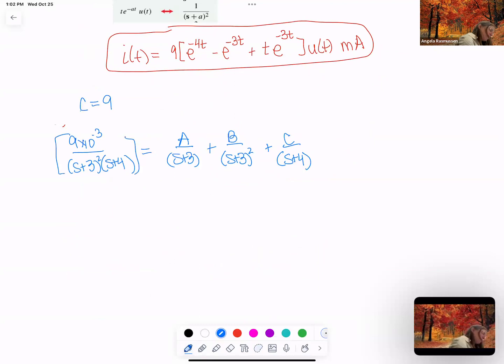And I multiply both sides. So this is also, oops, this is also easy enough to get A. So let S equals -3. So then from here I can get A. Or no, is this B? Yes. So B.